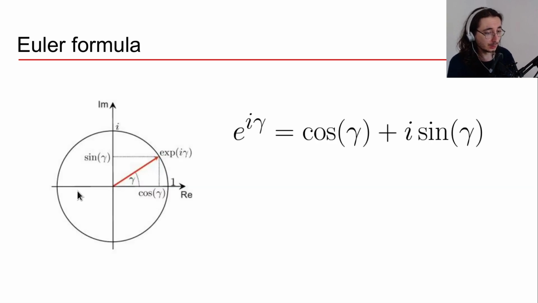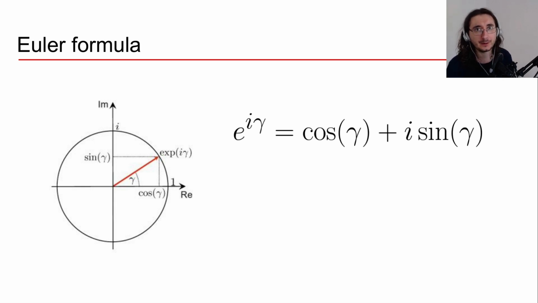As you can see here, what this exponential does is basically trace the unit circle. So what's the unit circle? It's the circle that has a radius 1, and it traces it counterclockwise. And in order to trace the circle, we just increase the angle gamma. The Euler formula is going to be very useful to rewrite our polar coordinates for the complex numbers.